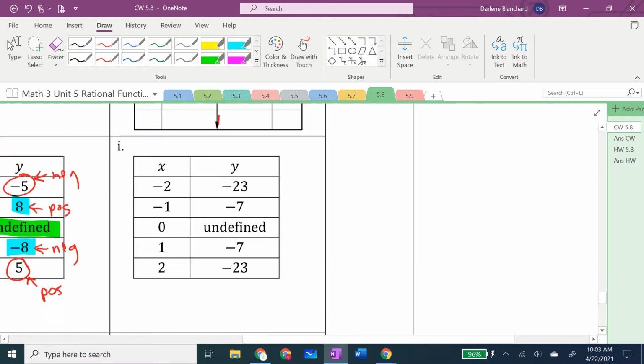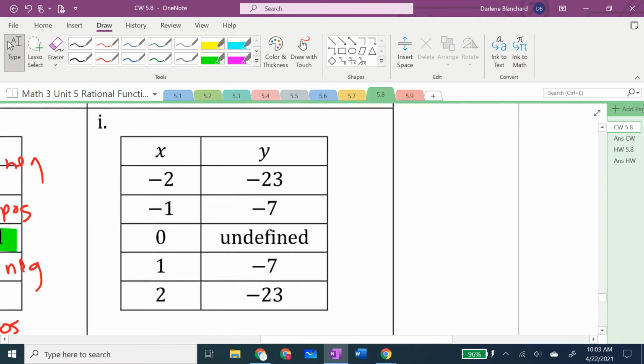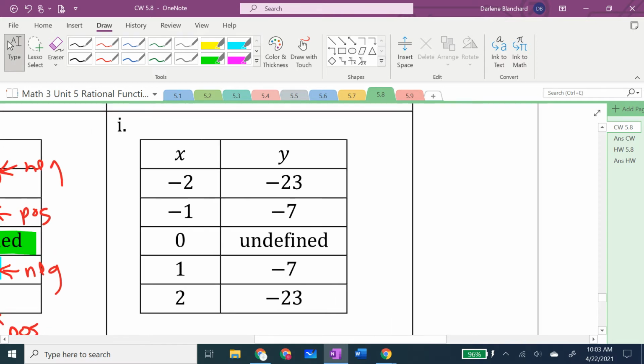And then I've got another table. And I have opposite signed x's, same exact y value. So now we're up for this could be an even, is what I meant to say.